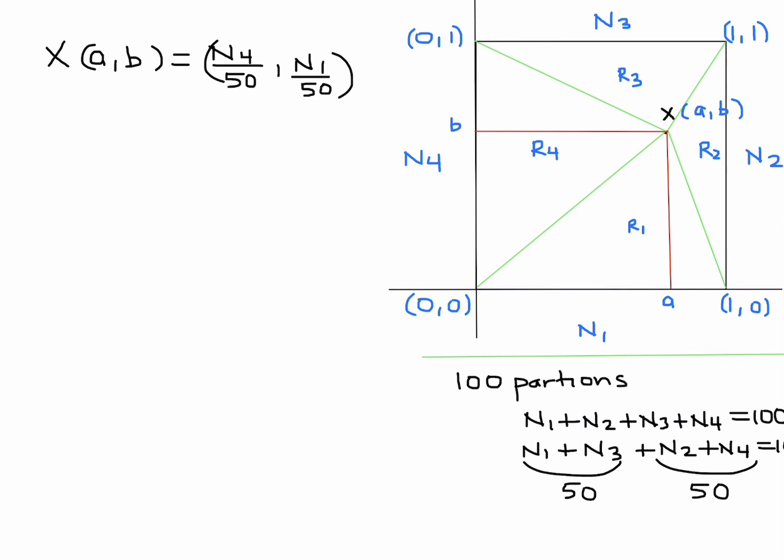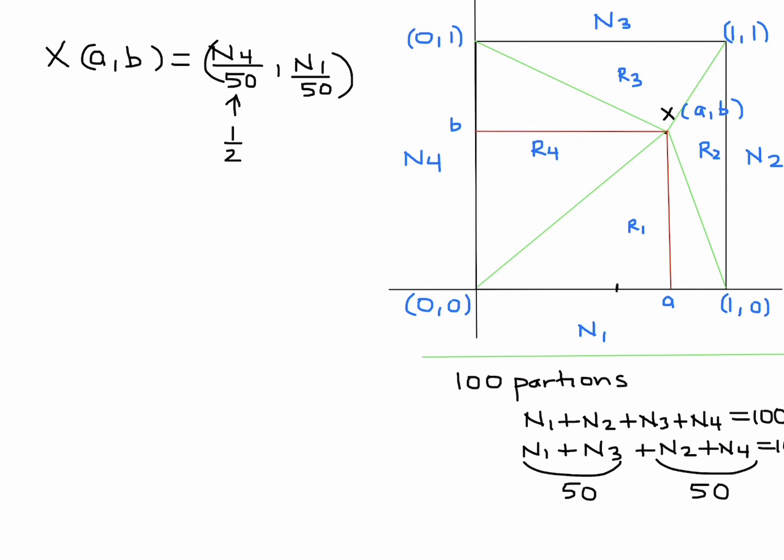So what that means is that this is a fraction. So x can be anywhere from here to here, right? For example, if n4 was 25, it would mean that this is 25 over 50, which is a half.